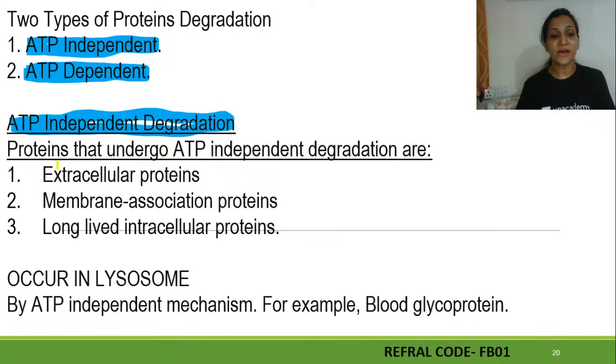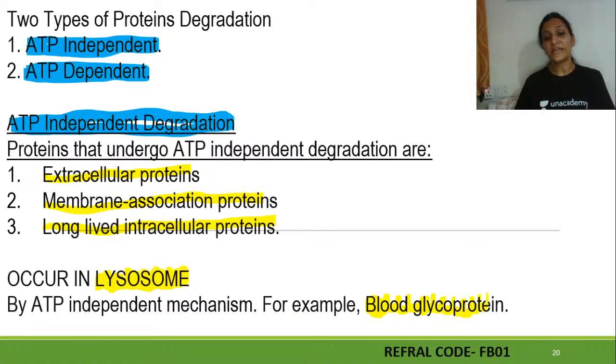Which type of proteins are they? They are extracellular proteins, membrane associated proteins, and long-lived intracellular proteins. These are proteins which, once formed, are required in the intracellular environment for a very long duration. They are called long-lived intracellular proteins. The proteins which undergo ATP independent degradation are degraded in the lysosome. One example is blood glycoprotein.